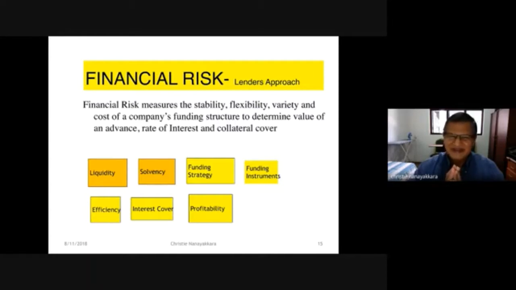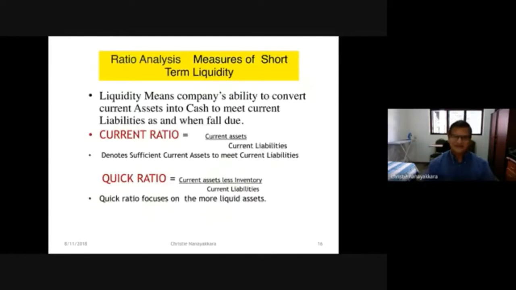If you have not done it, you will learn it in much more detail. But I want you to understand a little bit of it, where the financial risk arising out of this analysis is important. So we look at liquidity first.